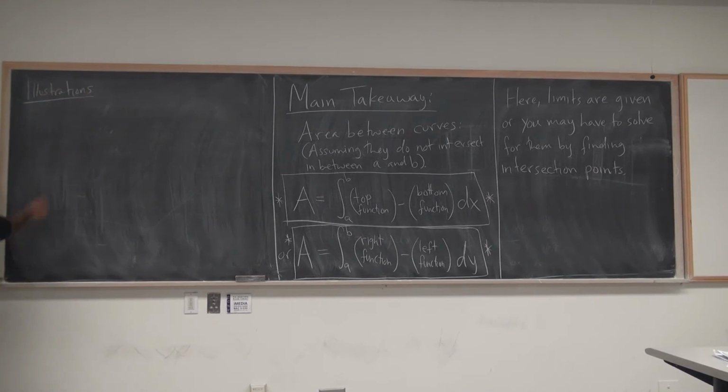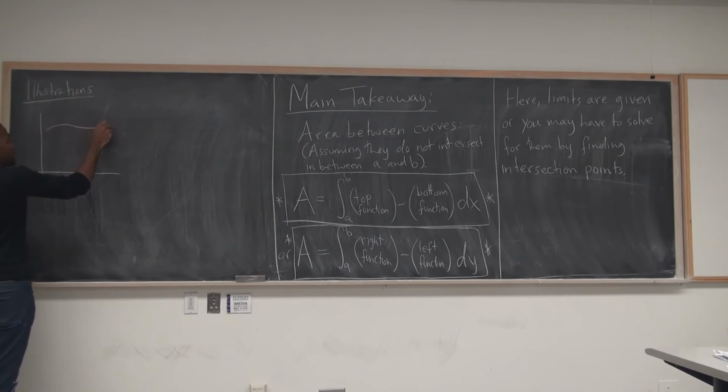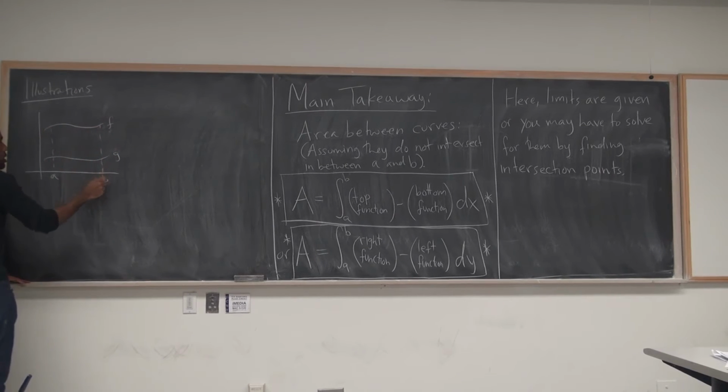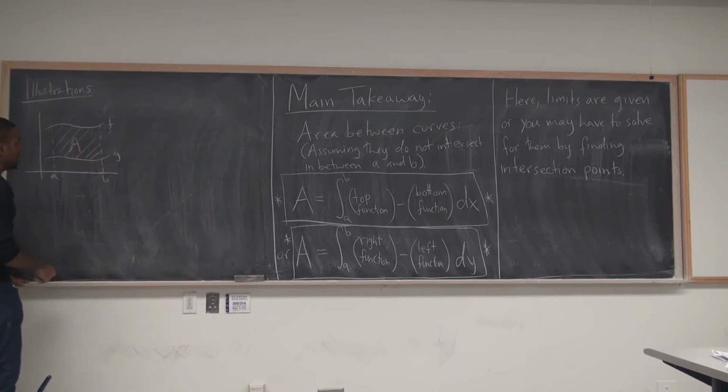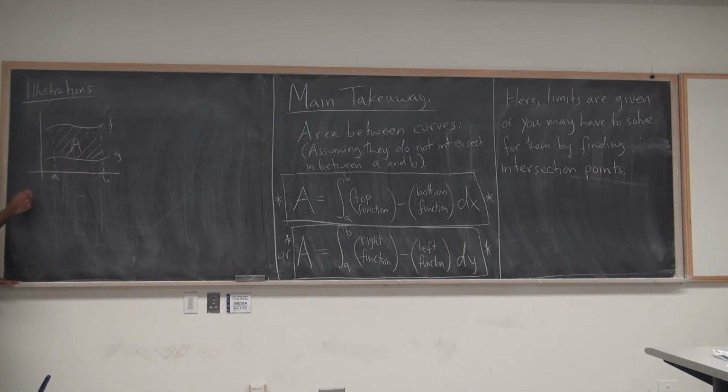Okay, so here, there's the F, there's the G, A, B. I want to find the area here. In this case, A, B are given, right? So I'll tell you, find the area between F and G between these two x values. I'll tell you, between x equals 1 and x equals 7.